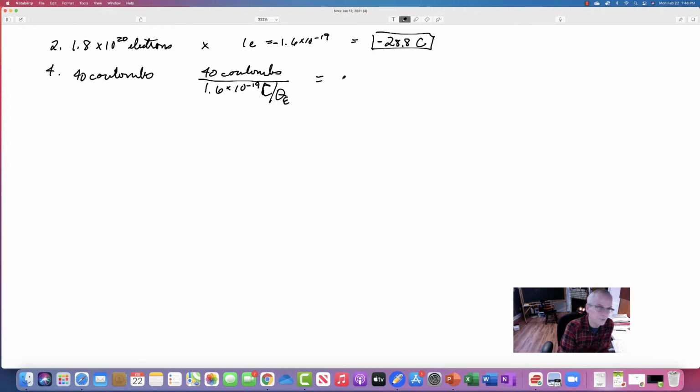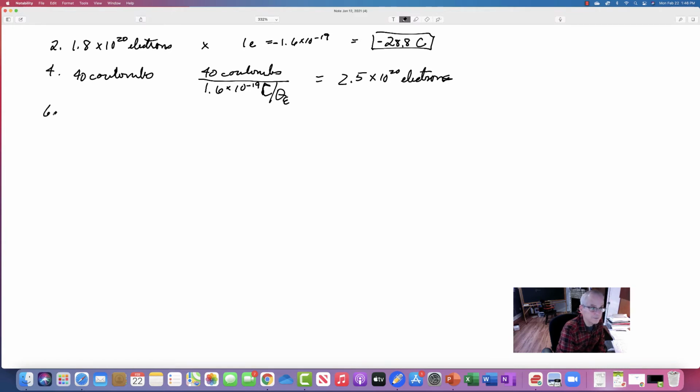And so if you divide that, you end up with 2.5 times 10 to the 20 fundamental units, or electrons, or well, it's lightning, so it's probably not protons. So you have 2.5 times 10 to the 20th fundamental units.